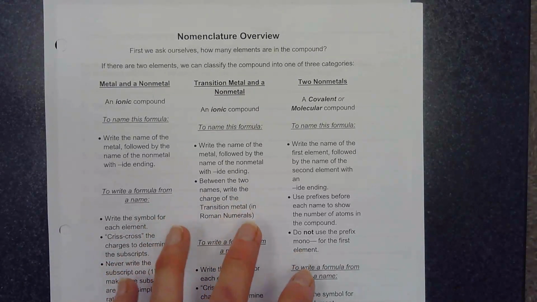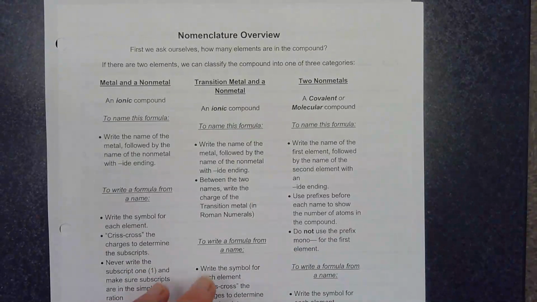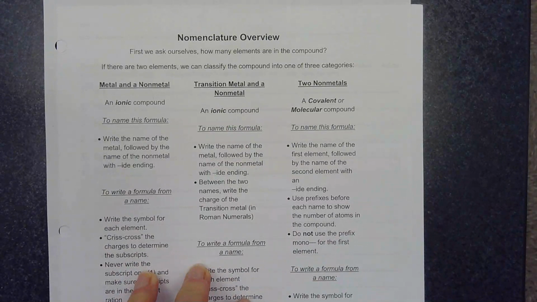It's a longer format, but it's very much what was in your notes a couple of days ago, where I had the compounds and then I showed you the different types of compounds, ionic and molecular. I think you all had it in your notes. Did you have that in your notes? I threw away my notes, so I don't know.